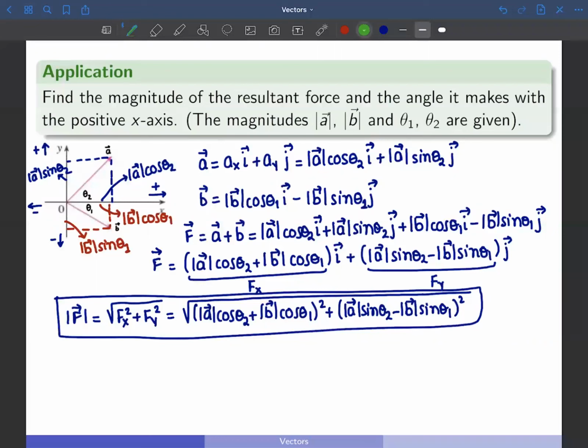Let us now use the parallelogram law to find the resultant force.